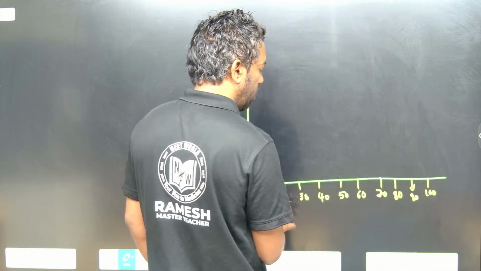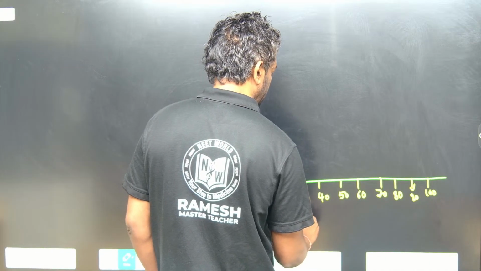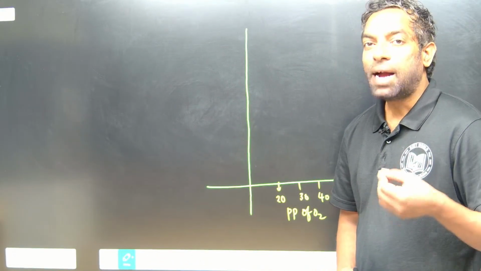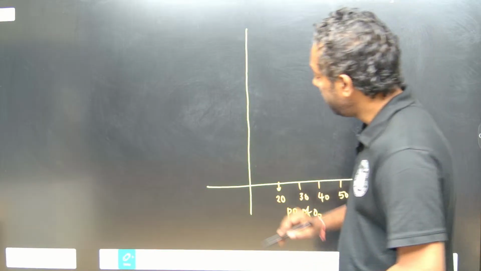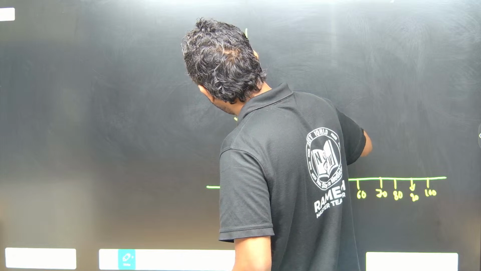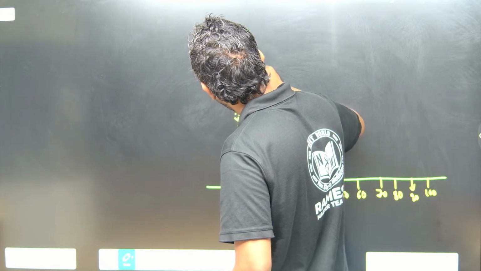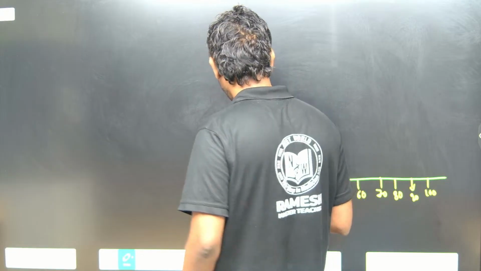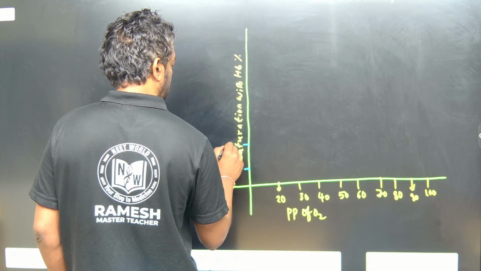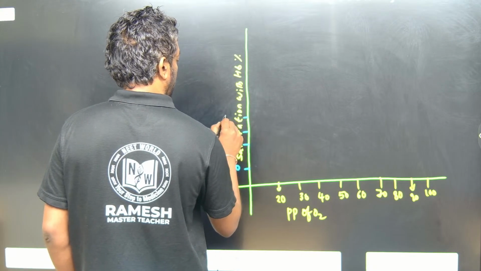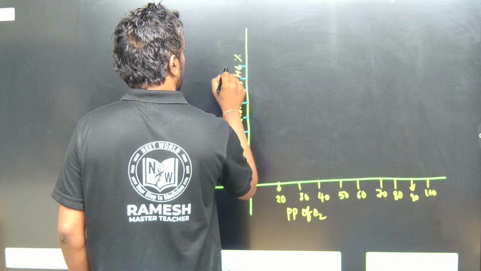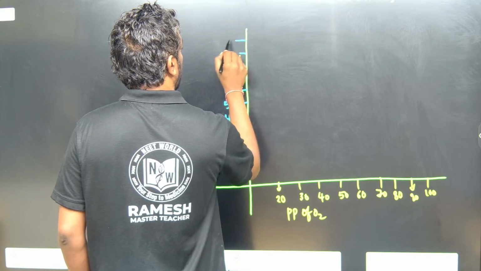This curve has the partial pressure of oxygen on one axis, and the saturation of hemoglobin, in percentage, on the other: 10%, 20, 30, 40, 50, 60, 70, 80, 90, 100.